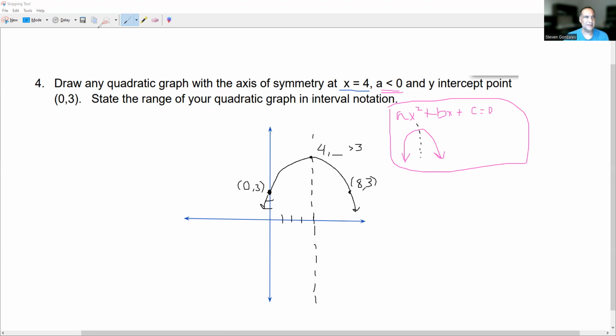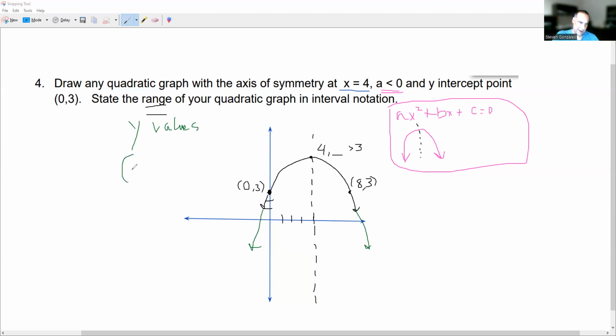Now the other question about this regards the range. Make sure you realize that the range consists of the y values. And all I know about the y values is that there's no lowest point, so the y value can be anything below.